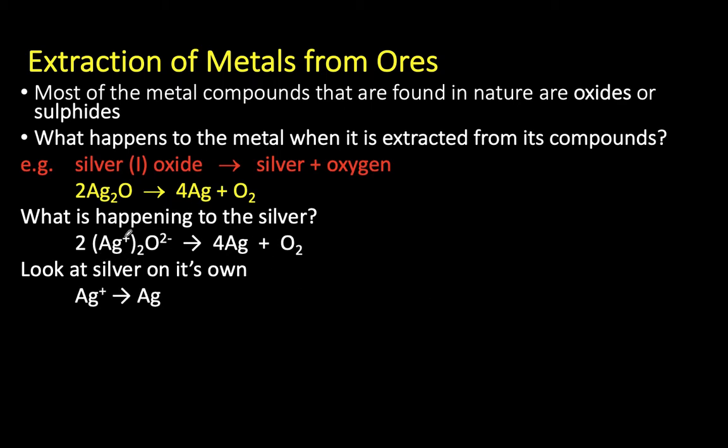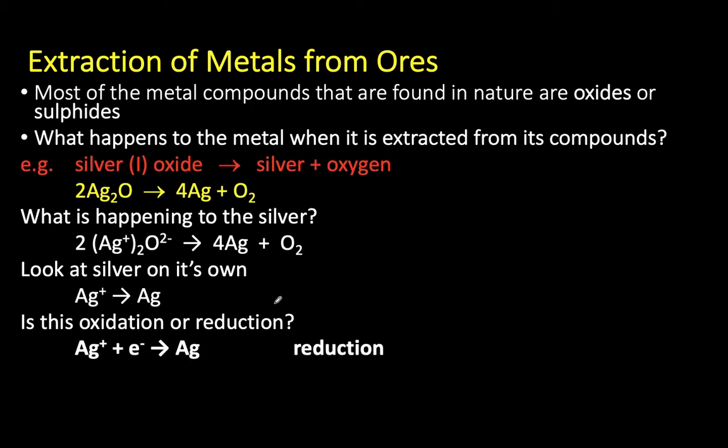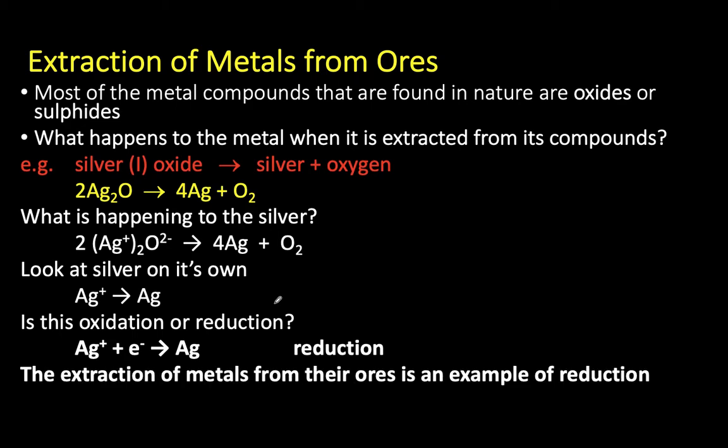So the silver ion is becoming a silver atom. Is this oxidation or is this reduction? What do you think? Silver ions are gaining electrons to form silver atoms, therefore this is a reduction. So the extraction of metals from their ores is an example of a reduction reaction.